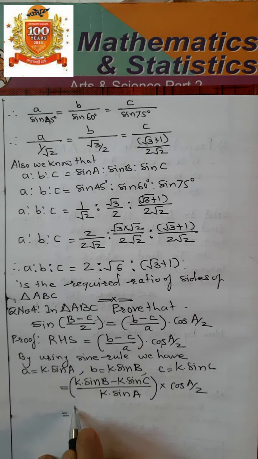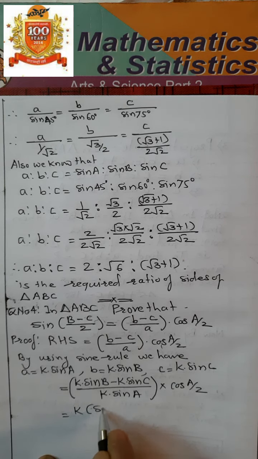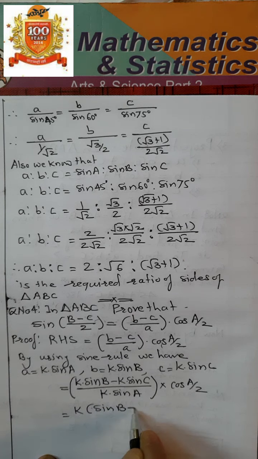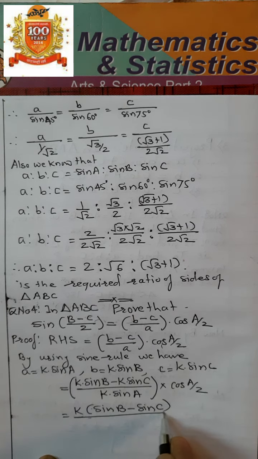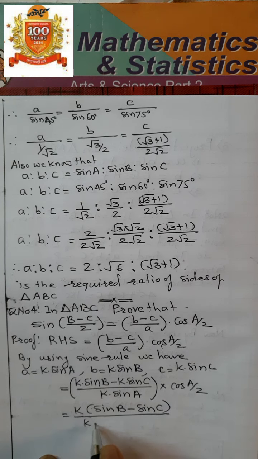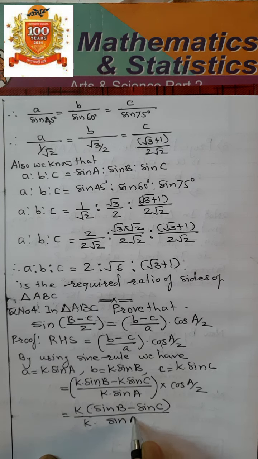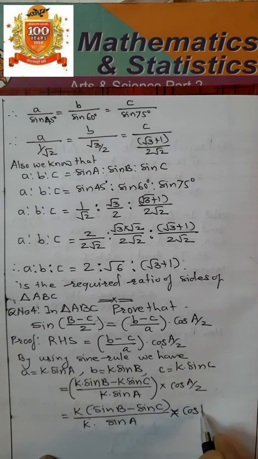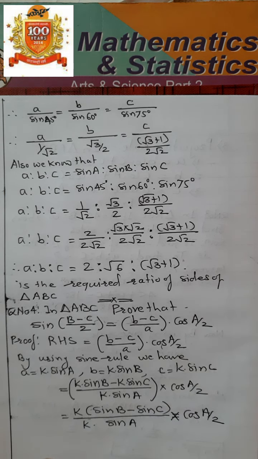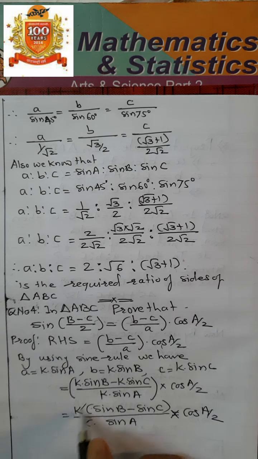Taking k as common, in bracket we have sine B minus sine C upon k into sine A into cos A by 2 as it is. k gets cancelled.